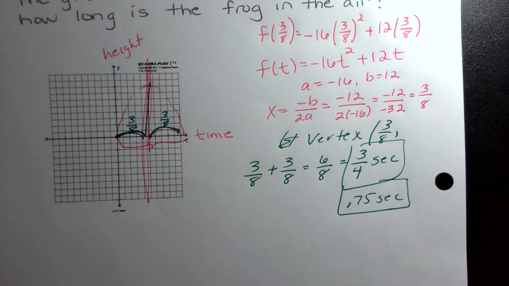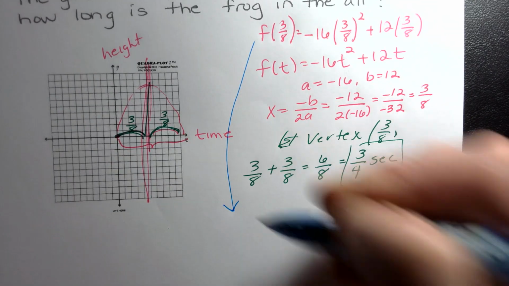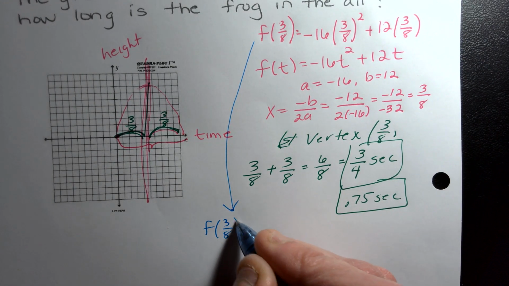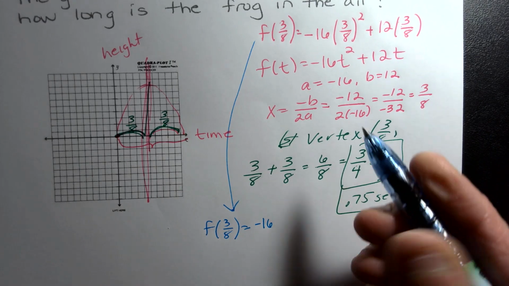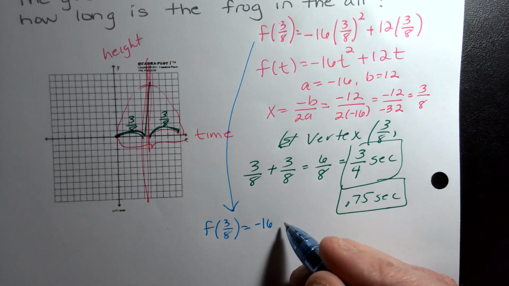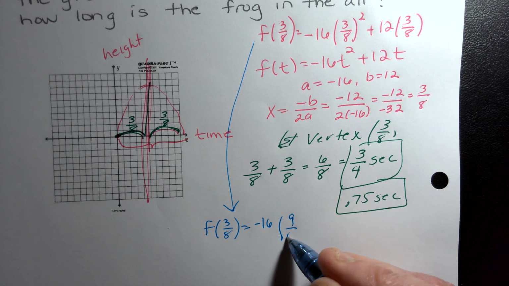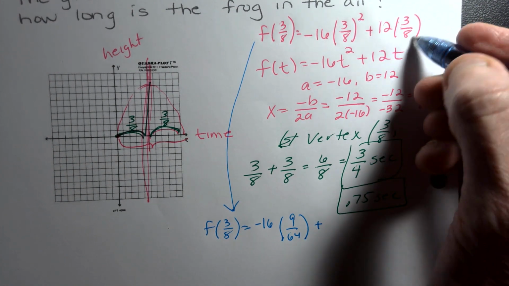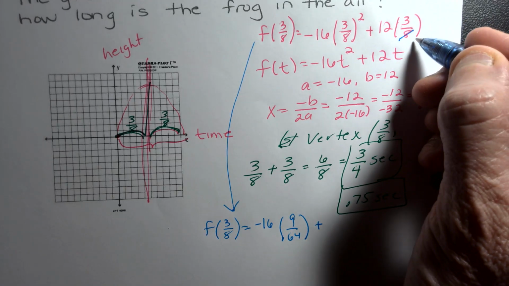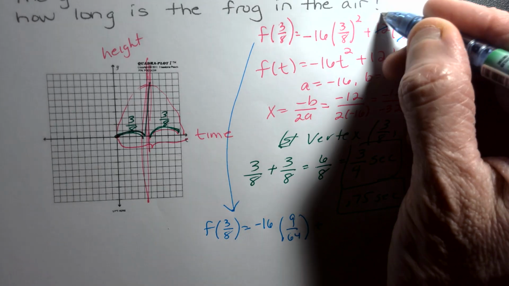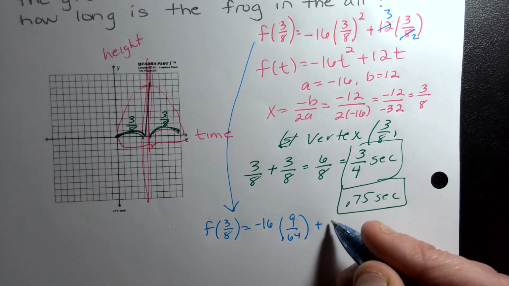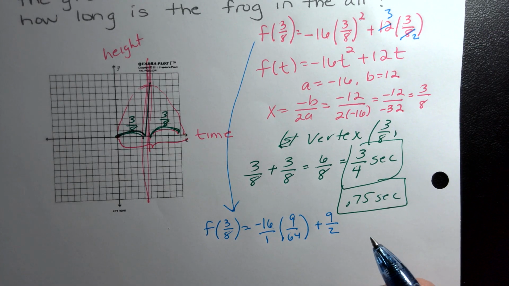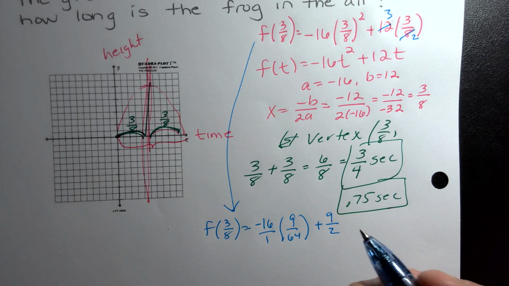Sounds fun. Okay, so I'm going to go down here. So f of 3/8 is equal to negative 16. If you square this, you get what? 9 over 64. Plus, if you do this, we can cross cancel. Divide by 4. Divide by 4. So I get 9 over 2. Here I can cross cancel as well. 16 goes into 64 4 times.